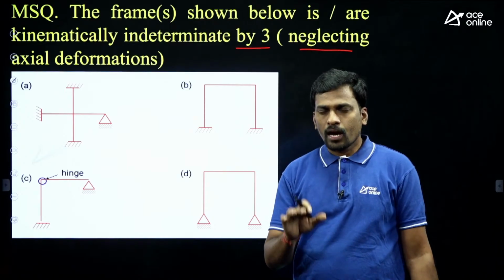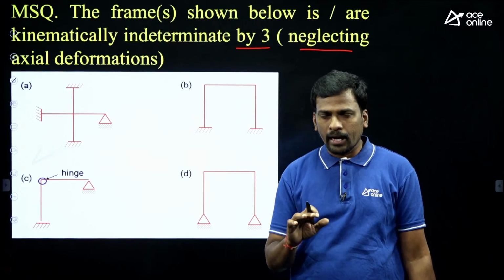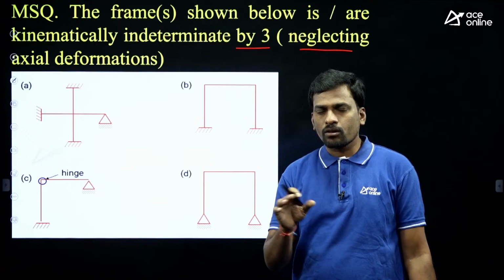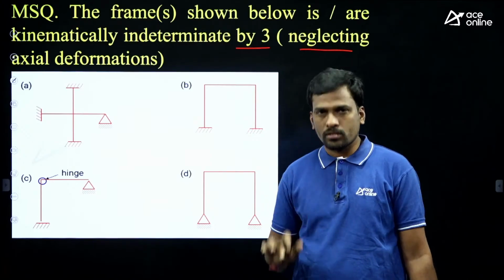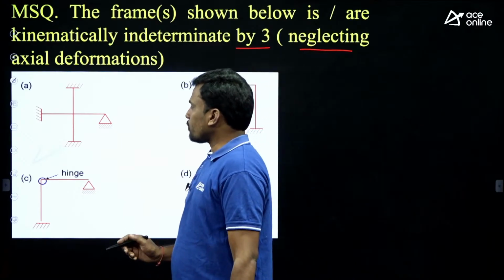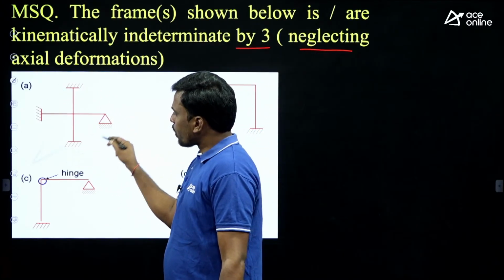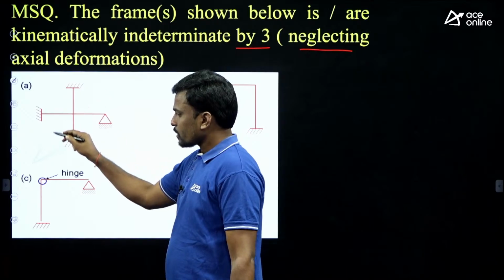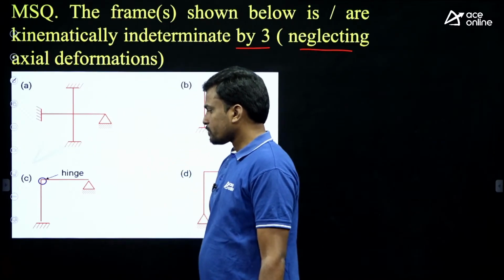General load means horizontal load is present and vertical load is present. Just treat these loads as unsymmetrical loads. Now students, first tell me, is it a sway frame or non-sway frame?